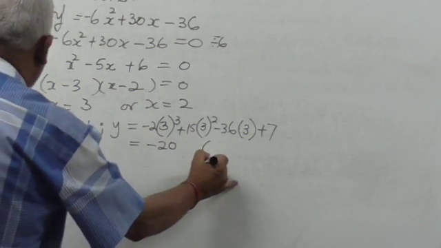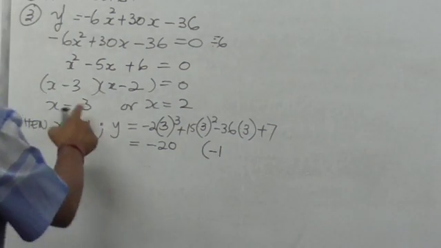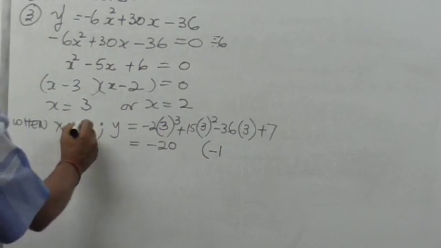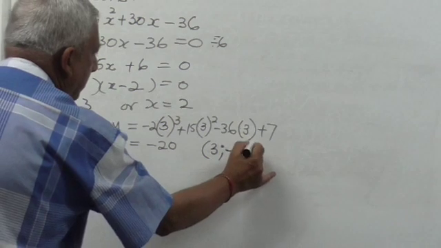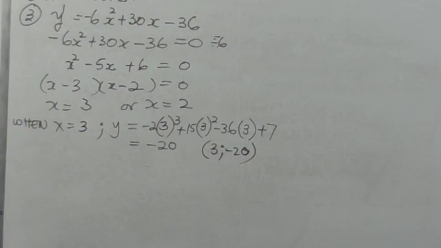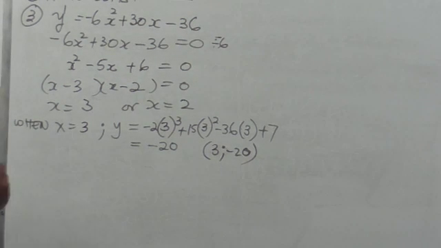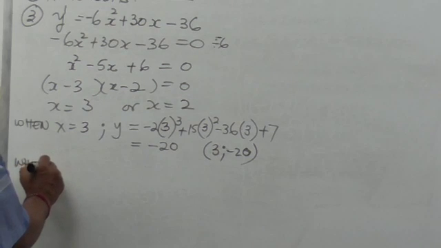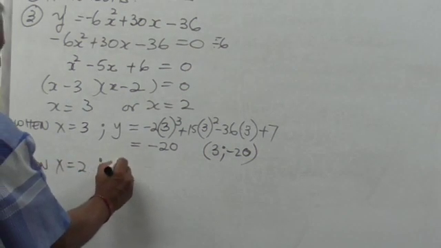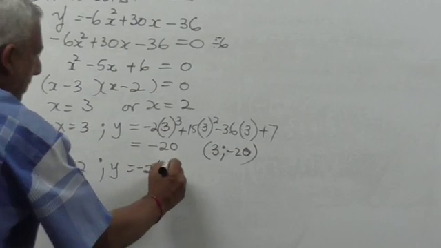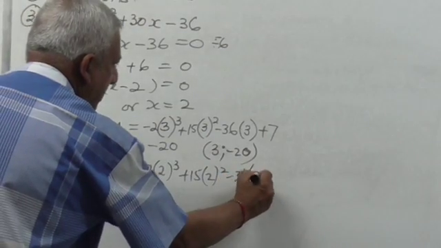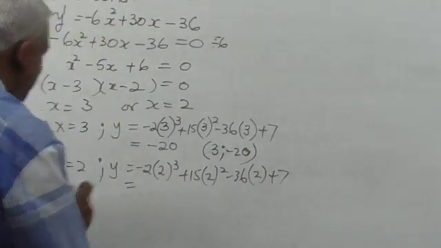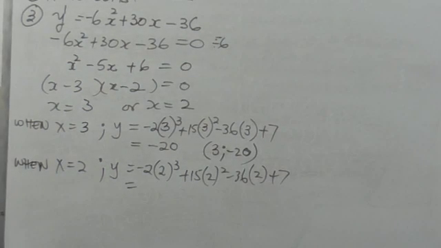So this ordered pair is 3 and negative 20. And then when x is 2, y is equal to negative 2 into 2 cubed plus 15 into 2 squared minus 36 into 2 plus 7, and let's just put that in the calculator and see what we get.